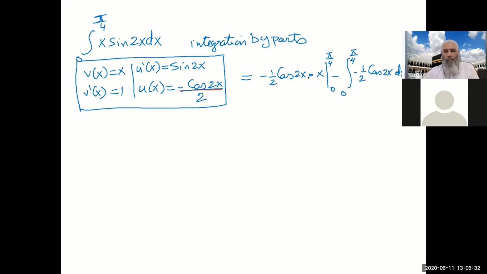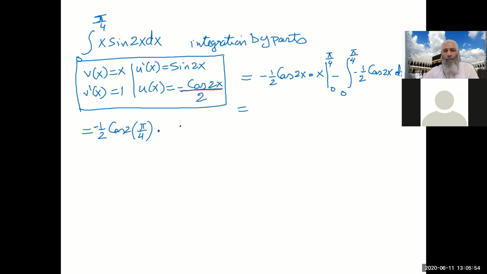So now we will substitute here. The 1/2, negative 1/2 cosine of 2 times pi over 4, which is pi over 2, right?